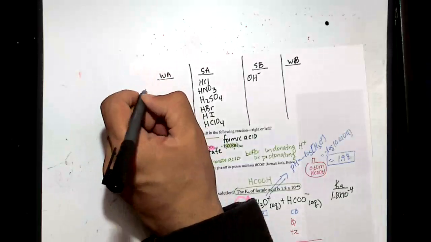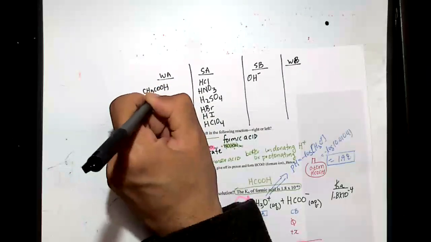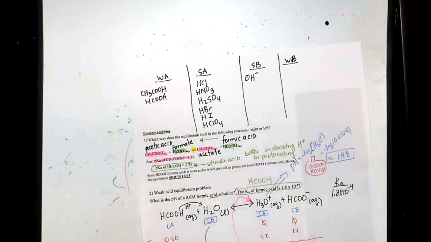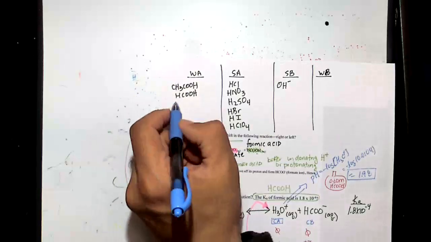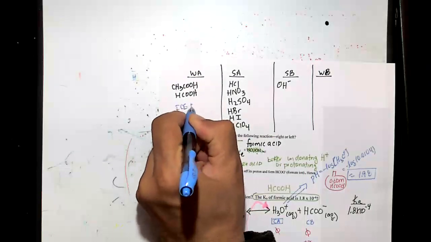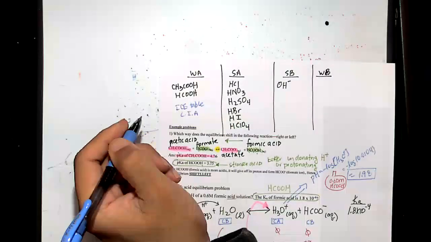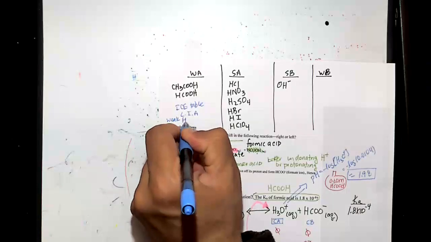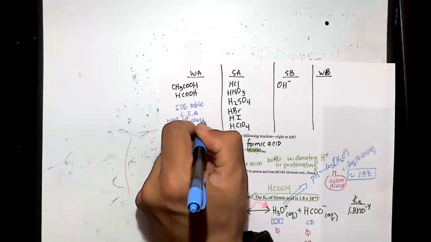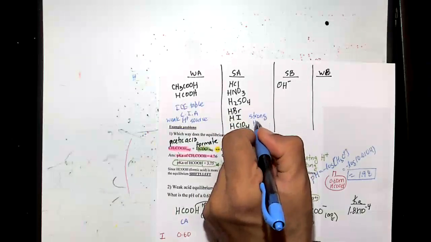Here I'll give you an example. We just went over formic acid and acetic acid. But there's a lot of weak acids. And here it's an ice table and low ionization assumption. Weak source of H plus. This is strong source of H plus.